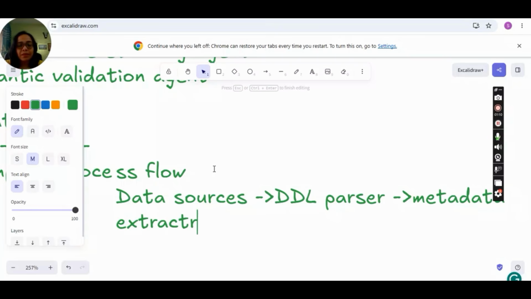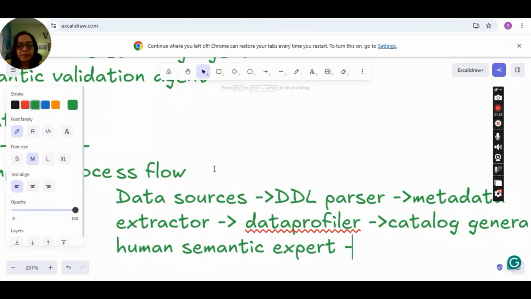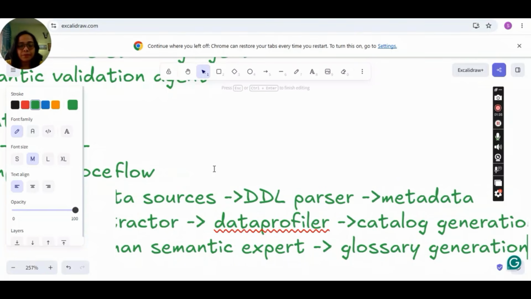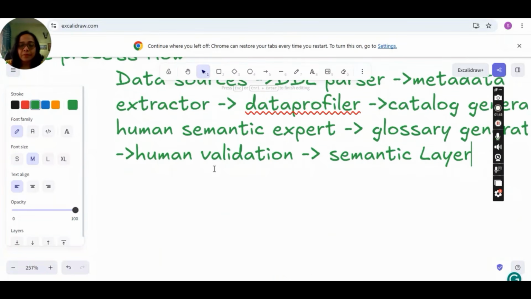Then next is the metadata extractor, then the data profiler, and then catalog generation, then the human semantic expert, then the glossary generator, business glossary generation, then human validation, then the semantic layer is getting generated, and then publish the semantic layer.